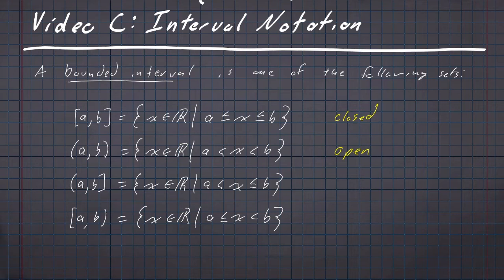There are a lot of deeper meanings of open and closed that you may come across, depending on what future math courses you take. But these basic ideas are good enough for us for right now. We'll investigate that a little bit more when we develop some more structure of intervals later on in the course.